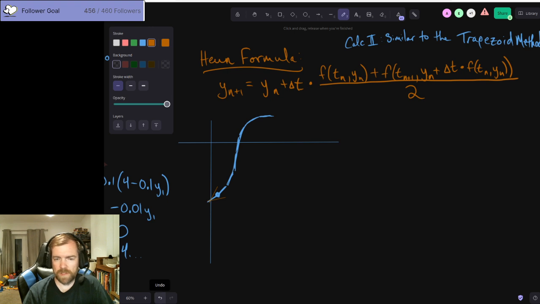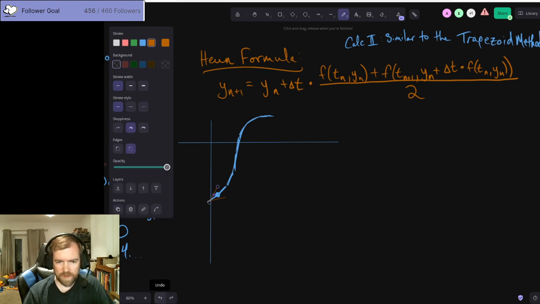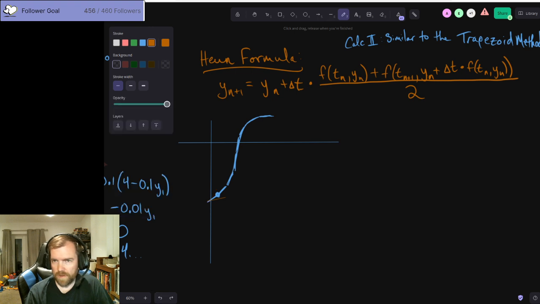That is the current slope and the next slope according to Euler's method. So both of these end up averaging and feeding back.